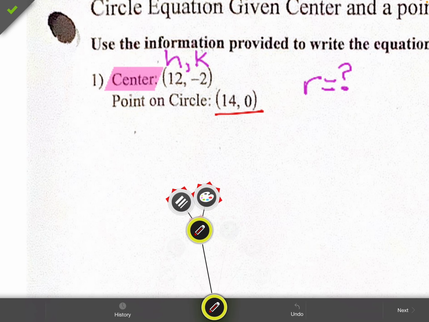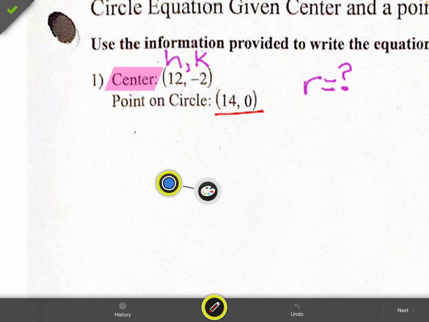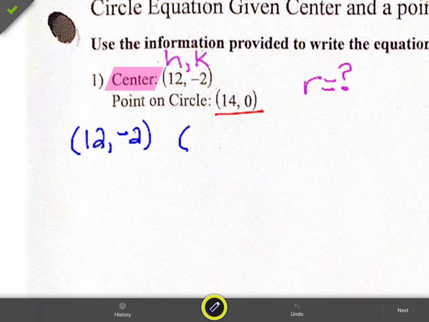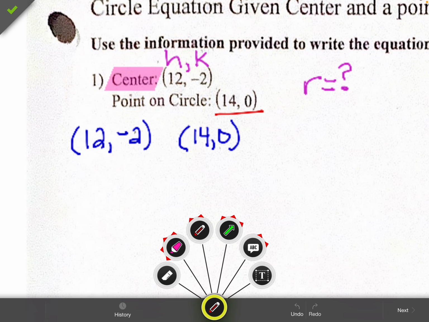So a couple things. You want to stay organized, take your time with this, don't plow through it or rush through it. My center is (12, -2), and my point on my circle is (14, 0). You may want to label these starting out. Let's use a different color so I don't confuse somebody.